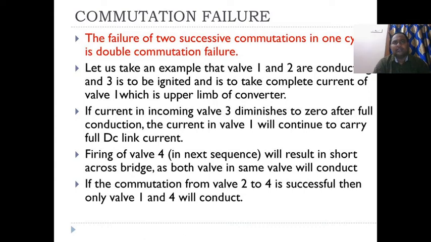In commutation failure, valve 1 is conducting and at the same time valve 3, which is in the positive group, also conducts. At a time two positive thyristors conduct. This is the commutation failure. This is also called the overlap period.